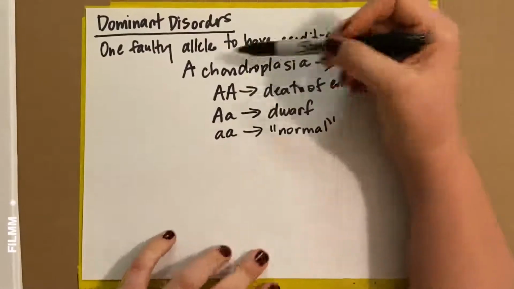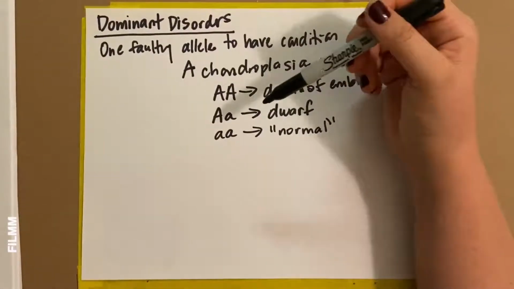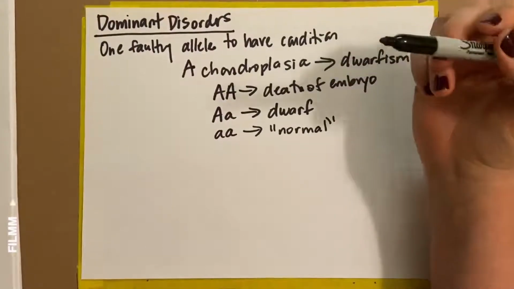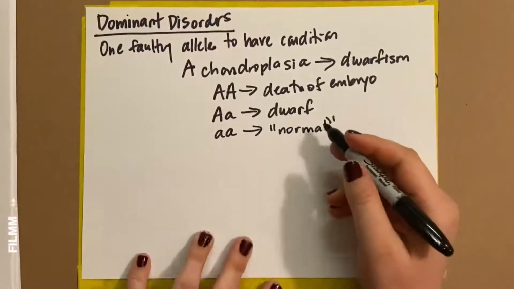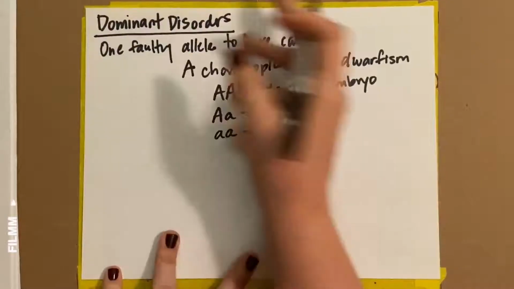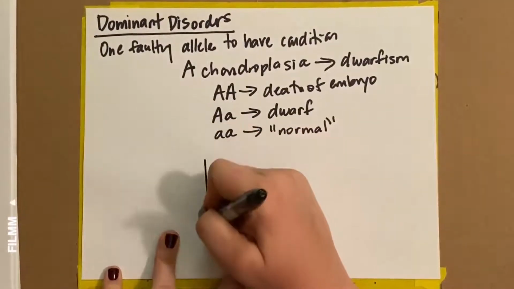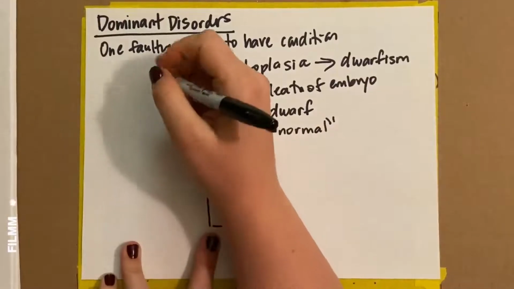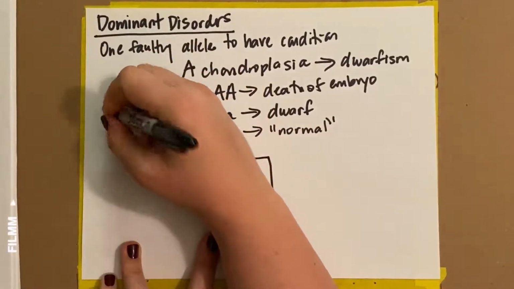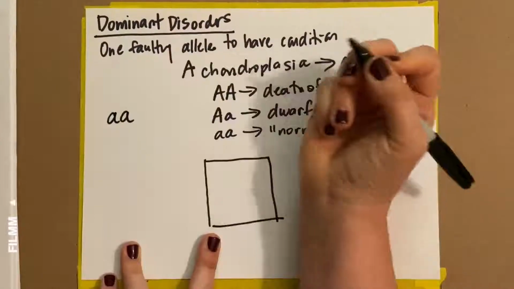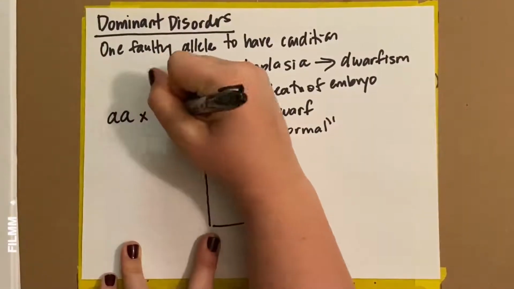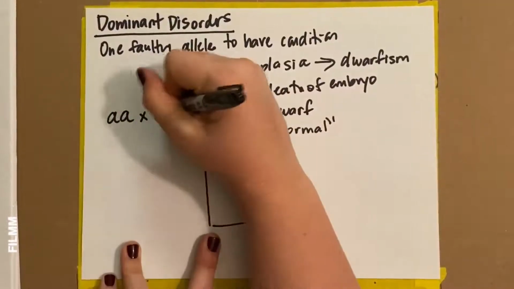Now, in this case, it's a very high likelihood that you will pass on the dwarfism, or any type of dominant disorder, to your offspring. Okay, so if we have a normal woman and a dwarf man, sorry, I'm switching letters on you.